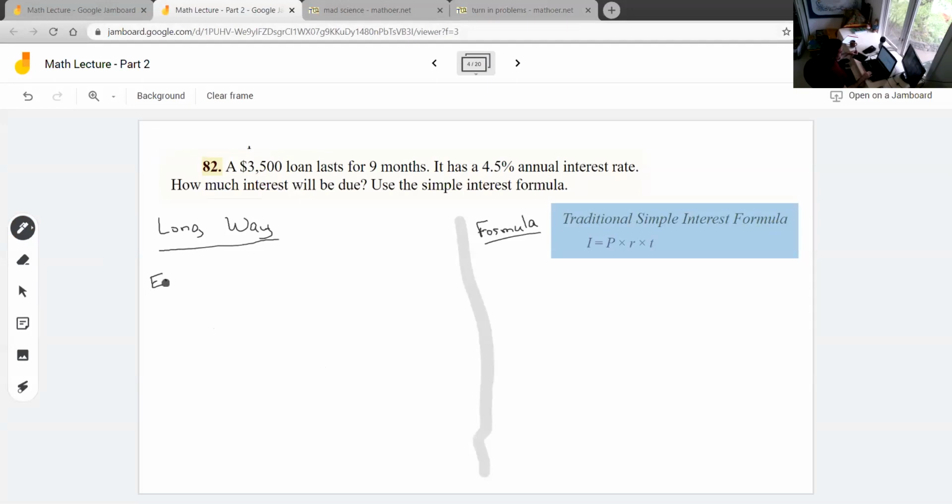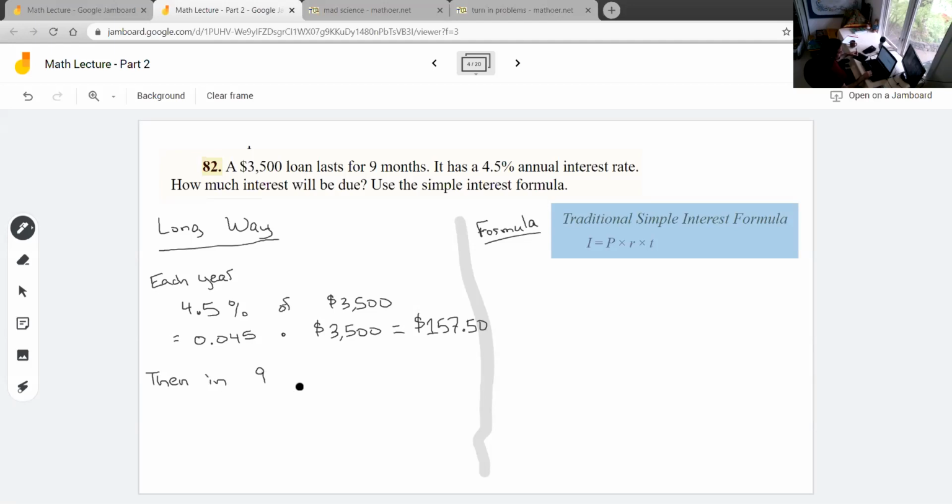So the long way says each year we had 4.5% of 3,500. Which is $157.50.